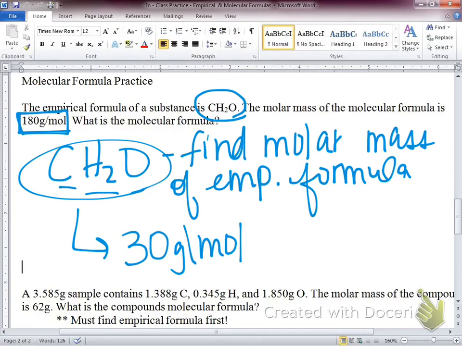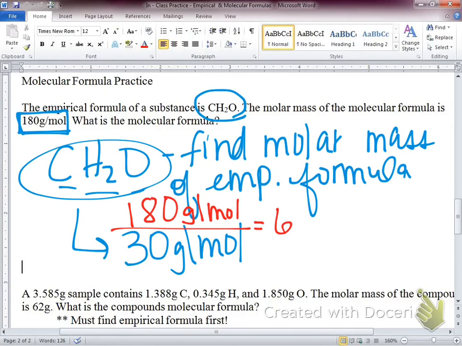So we take the molecular molar mass divided by the empirical molar mass, and we get a molecular formula that's 6 times as large.